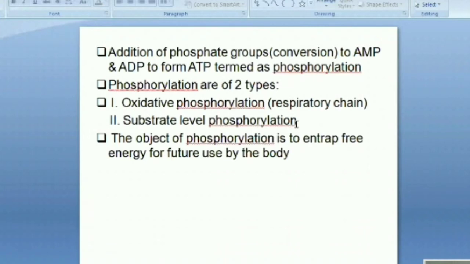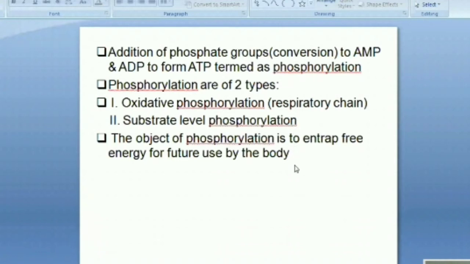That is at substrate level. Is it clear? Again, it can be produced when phosphoenolpyruvate is converted to pyruvate, and some energy is produced.